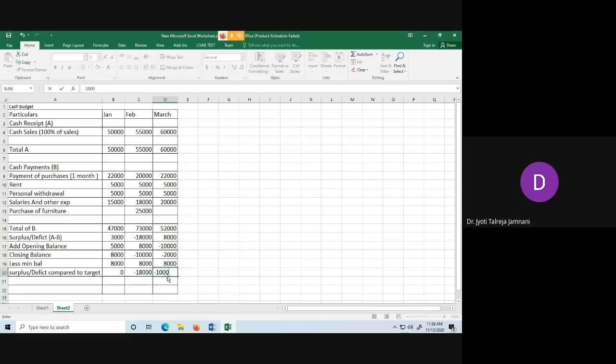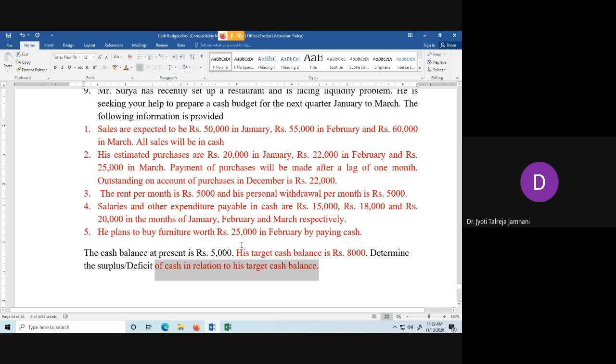So here we are 18,000 away from the target and here we are 10,000 away. See here, first we should get this 10 plus we should keep 8,000 additional as minimum balance or target balance. So that's why it is minus 18 and minus 10. I hope the problem was clear. So these were the two sums on cash budget that we have done today.